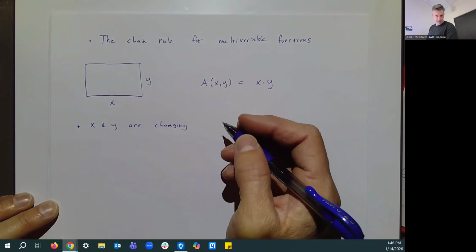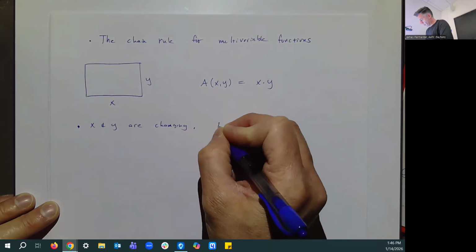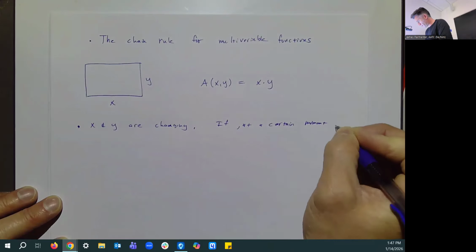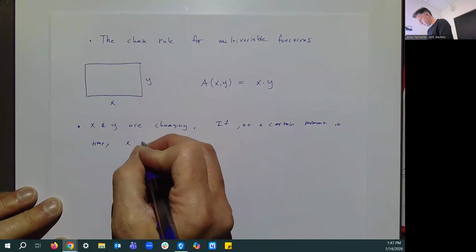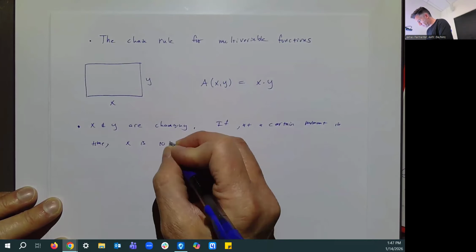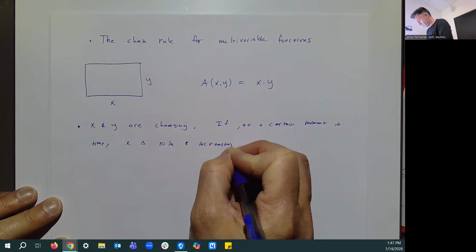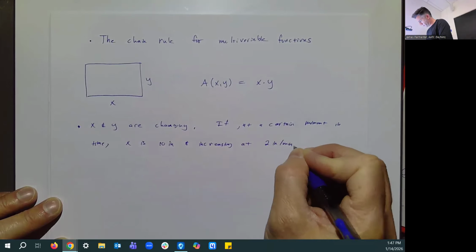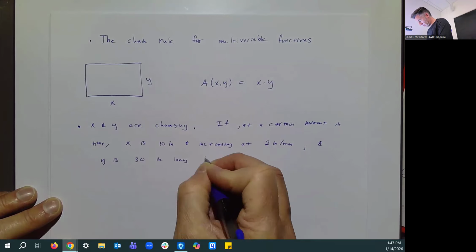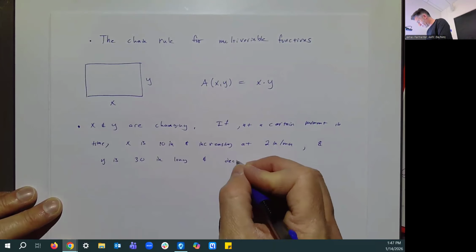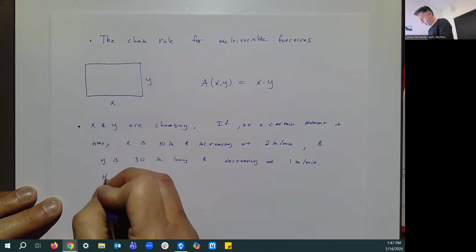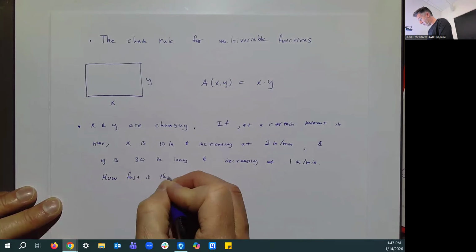Specifically, here's what we know. If at a certain moment in time, x is 10 inches long and increasing at a rate of 2 inches per minute, and y is 30 inches long and decreasing at a rate of 1 inch per minute, how fast is the area of the rectangle changing?